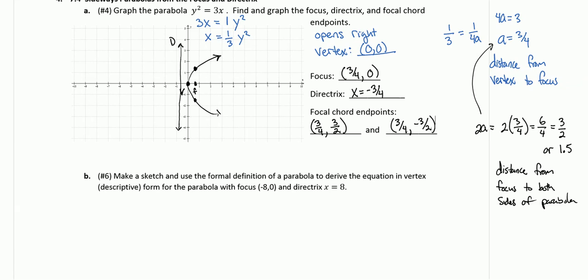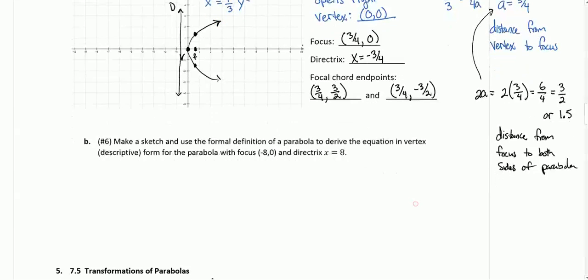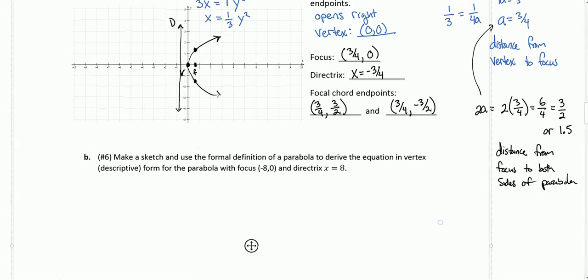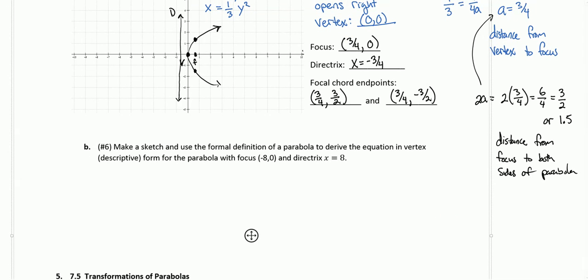Number 6, or part B, which is from number 6 on the worksheet, says to make a sketch and use the formal definition of a parabola to derive the equation in vertex descriptive form for the parabola with a focus at -8, 0 and the directrix x equals 8. So I'm going to sketch what's given first.